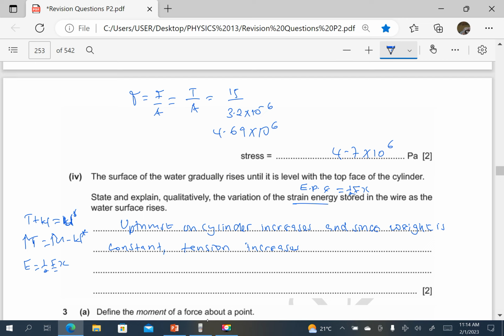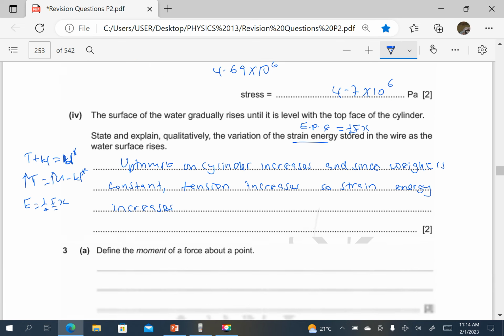Tension increases, so strain energy increases. So the strain energy will increase.